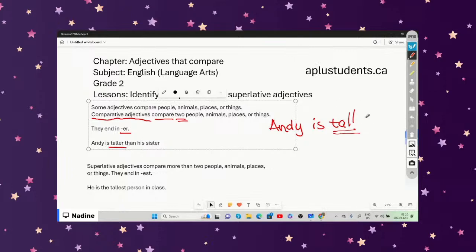He's tall, but he is taller than his sister. And as you can see, that word tall ended in er. So tall, er.